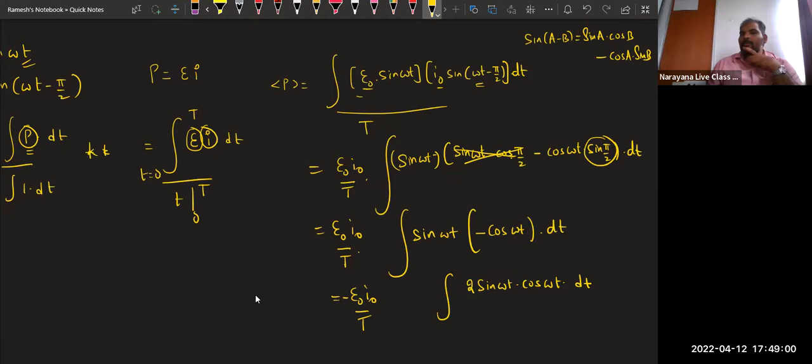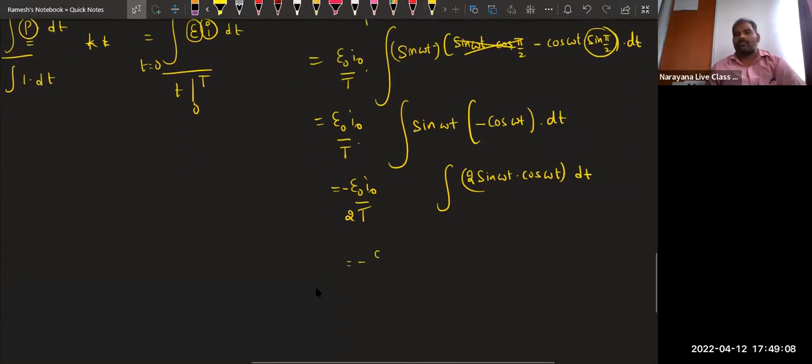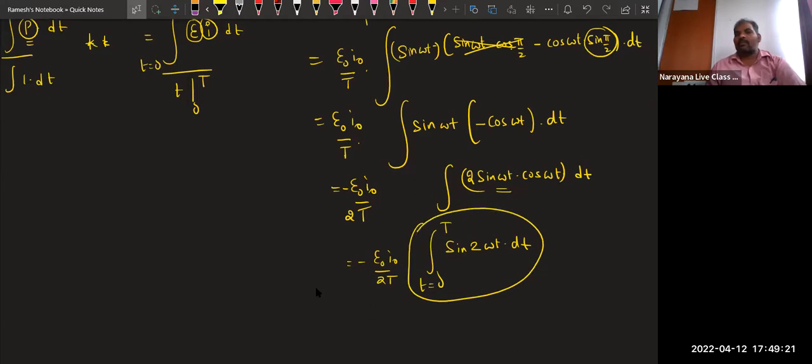I will multiply with 2 and I will divide with 2. This total term I can write as minus E naught I naught by 2T into integration of sine 2 omega t into dt. What is this value? Tell me. Minus cos 2 omega t by 2 omega.